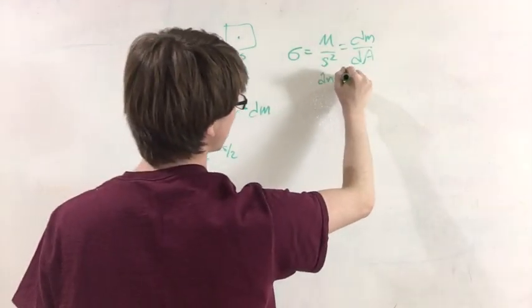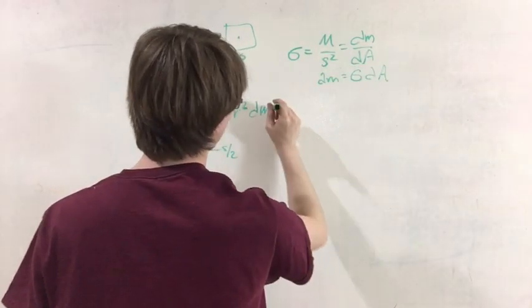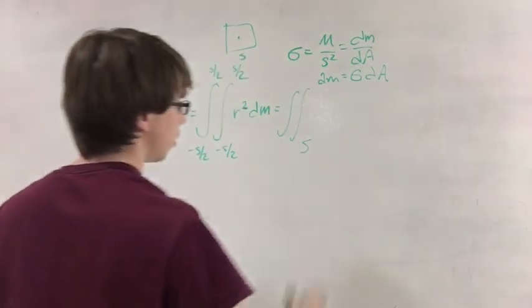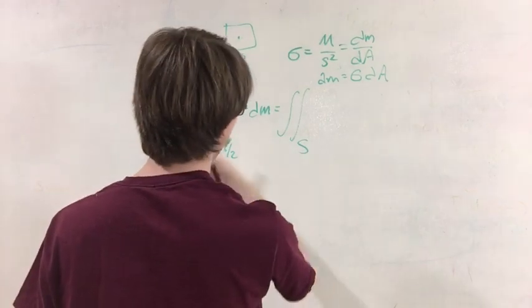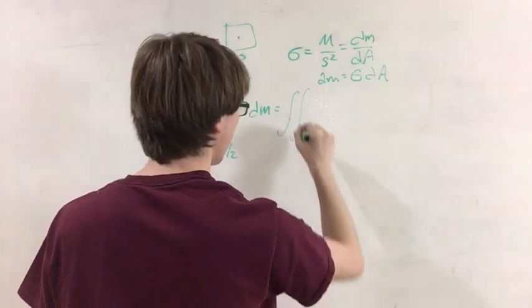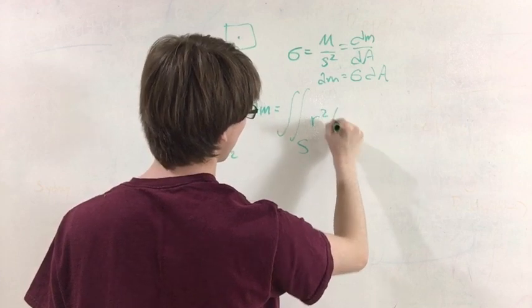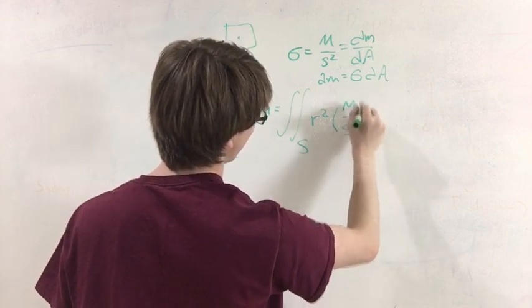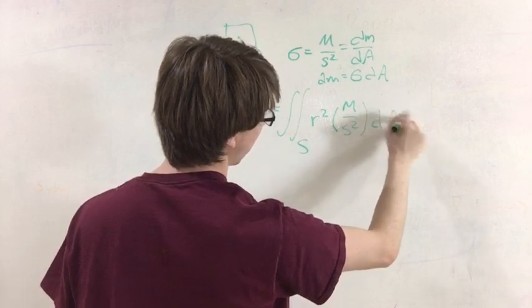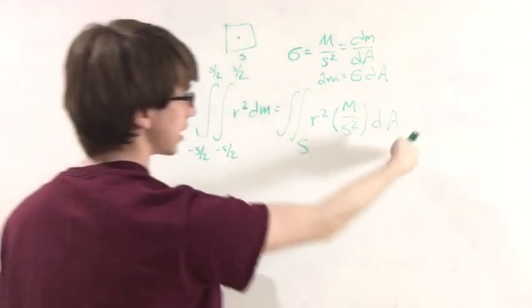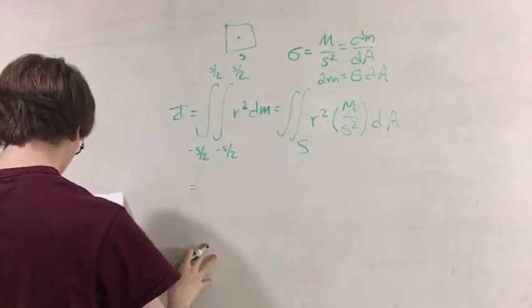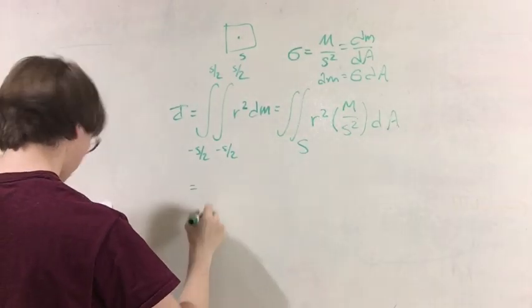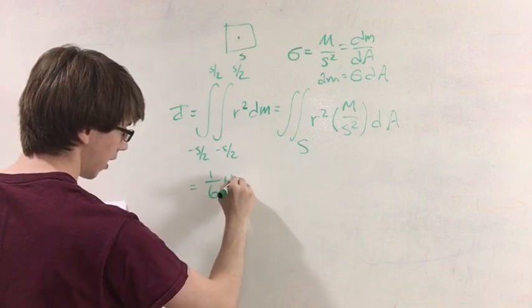That means that dm is equal to sigma dA over the surface region S. Instead of writing the distance thing again, r squared sigma, that's just m over s squared. We can take that out to the front. dA. We can do dx dy or dy dx. It doesn't matter because they're the same bounds. As a result, this integral evaluates to 1/6 ms squared.